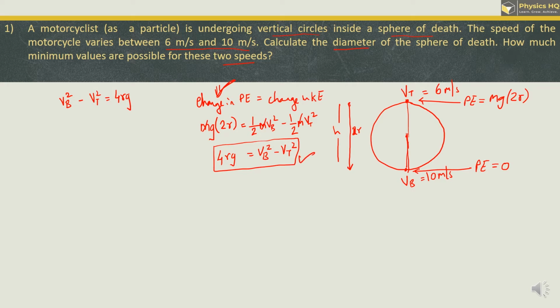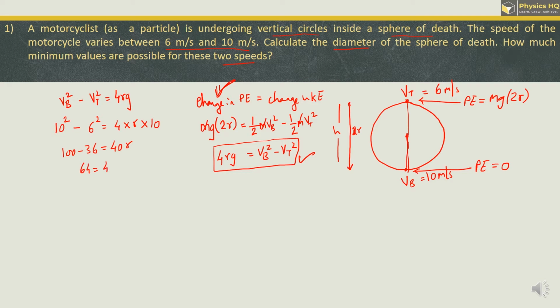So velocity at bottom is 10 square, velocity at top is 6 square. This is equal to 4 into r, which is to be found out, and g value we will take as 10. So what we are left with is 40r is equal to 100 minus 36.